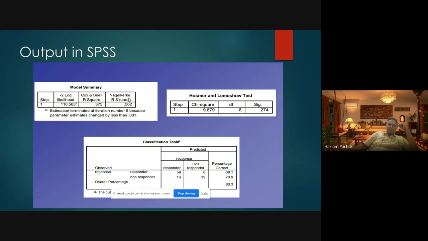Any guesses? How much percentage is our model fitting? We discussed like 0.34, like 34%.